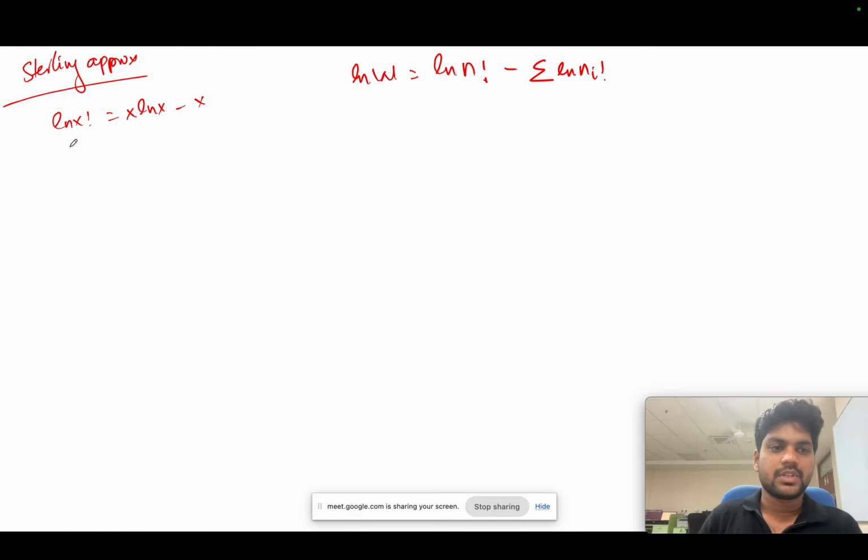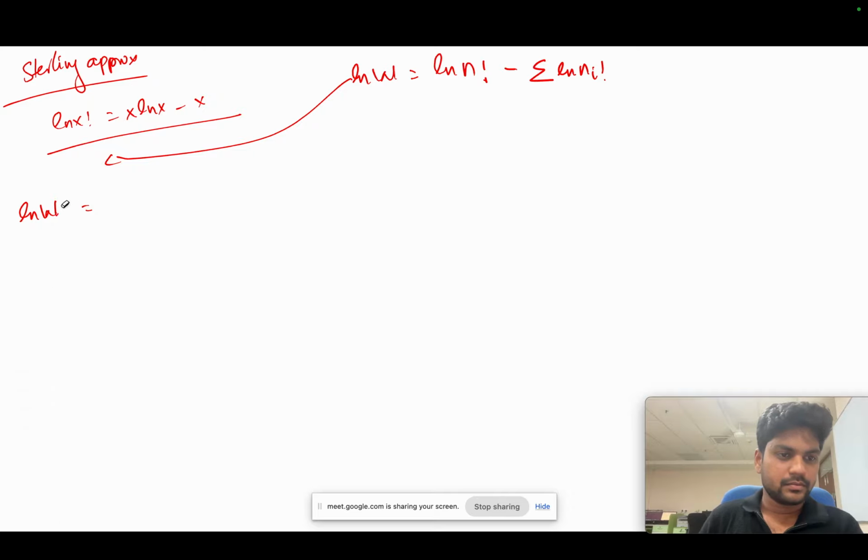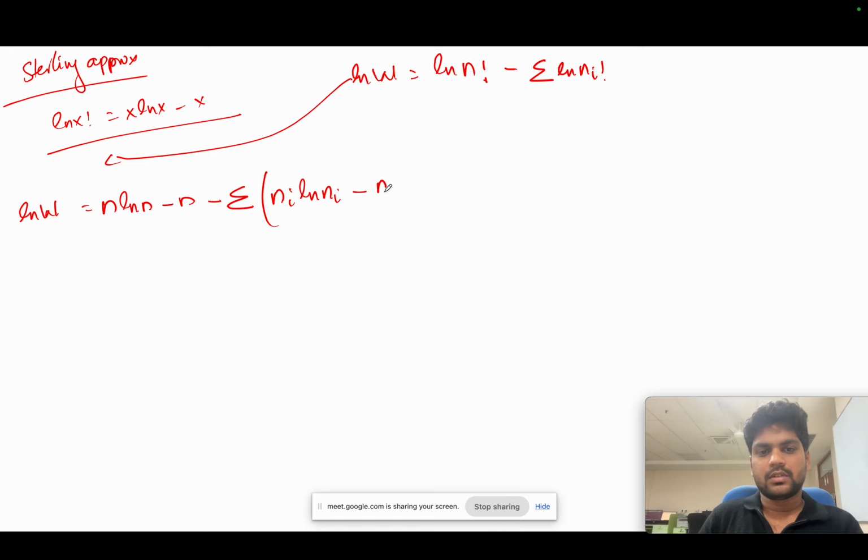So from Stirling's approximation we have this formula. If you write it here, we will have ln W equal to n ln n minus n minus sigma of ni ln ni minus ni.